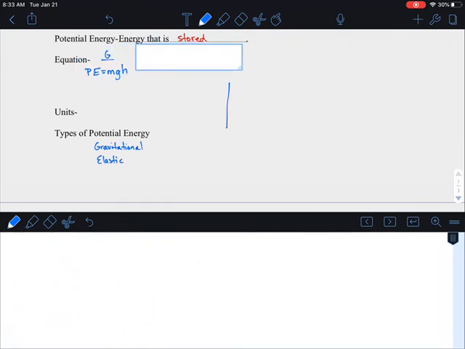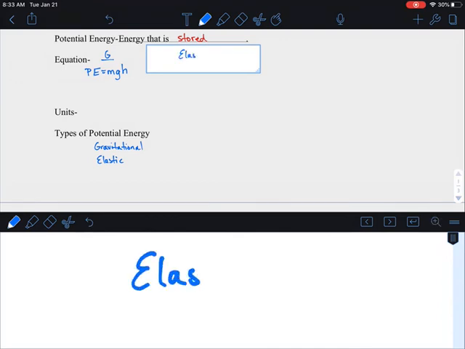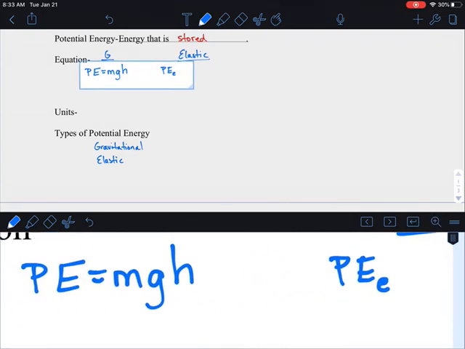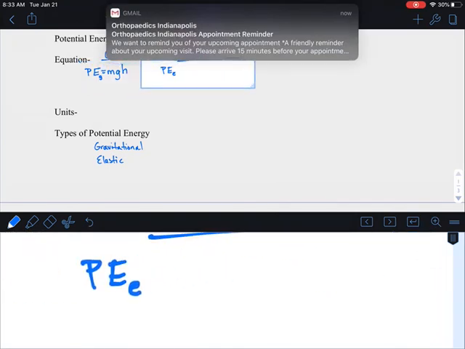And then our other equation would be for elastic, so I'll write that out. And it would be potential energy, and sometimes you'll see a small subscript E, and this one you'll see a small subscript G. All right, but most of the time we'll just leave those off.